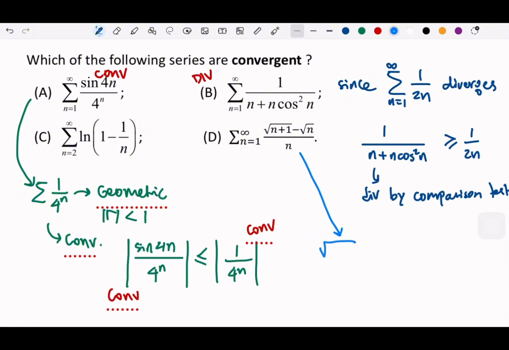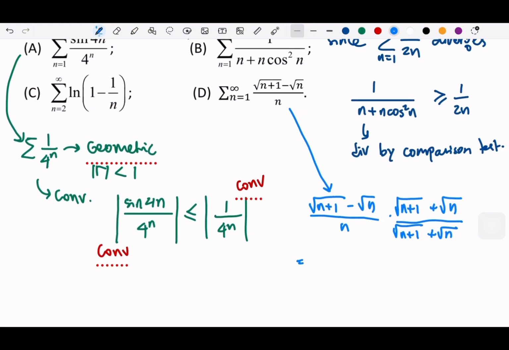So we can multiply this. Let me just write this first. So multiply with the conjugate, so this will be n plus 1, so minus and plus are gone, and then this will be minus n. So it will be cancelled.